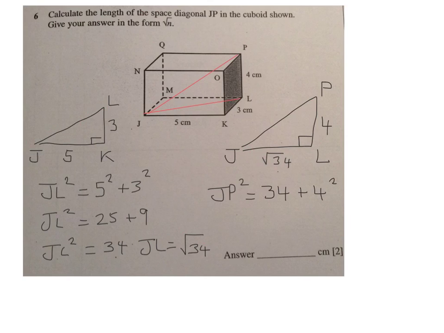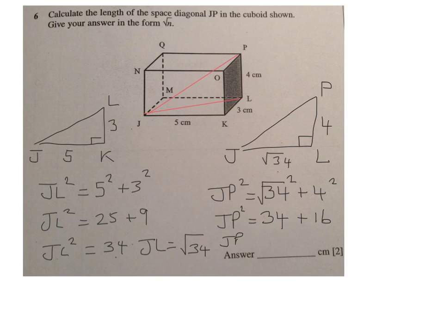Now really the understanding behind that is if you square a square root, you get the answer 34. So JP squared is equal to the root 34 and the square will cancel each other out to just leave you with an answer of 34. So that root and that square sign will just cancel each other out to give 34 plus 16.